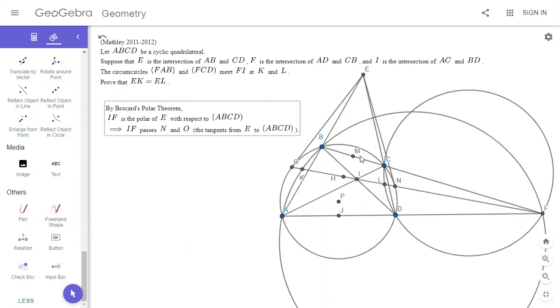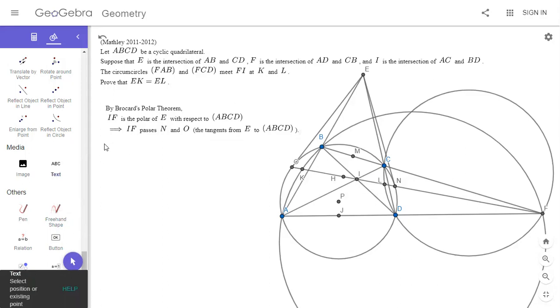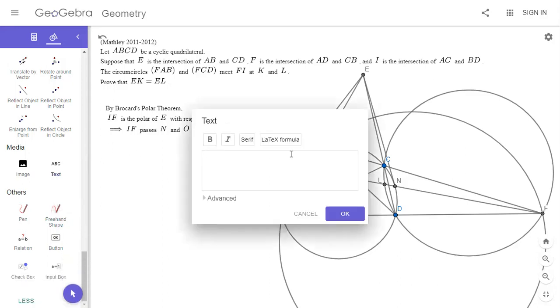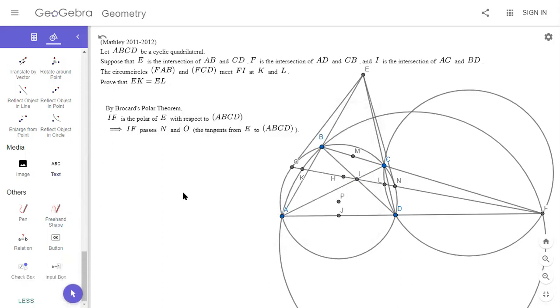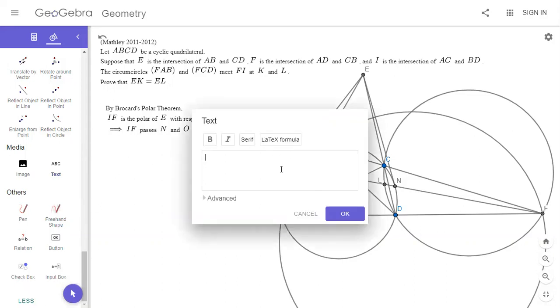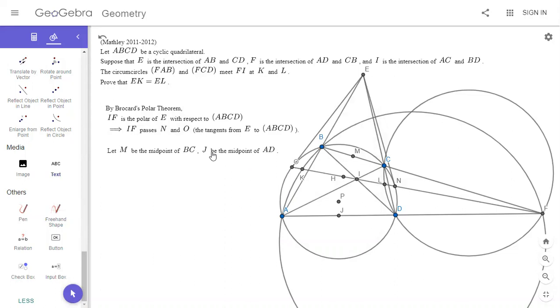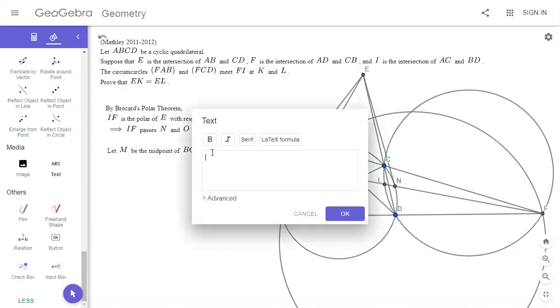So let M be the midpoint of BC, J be the midpoint of AD. And we want to let H be the midpoint of ON.